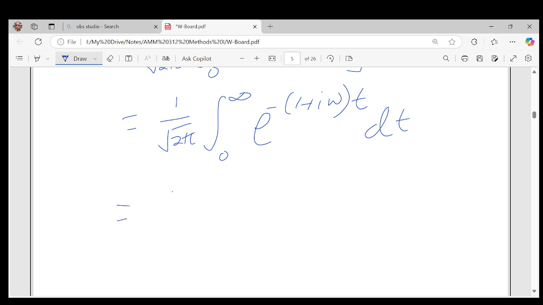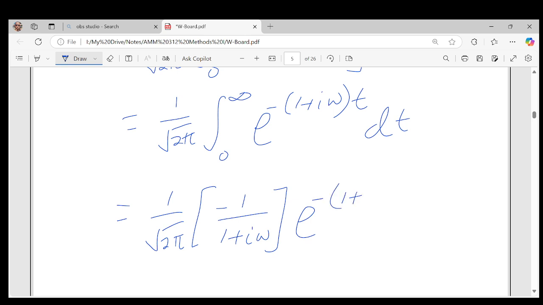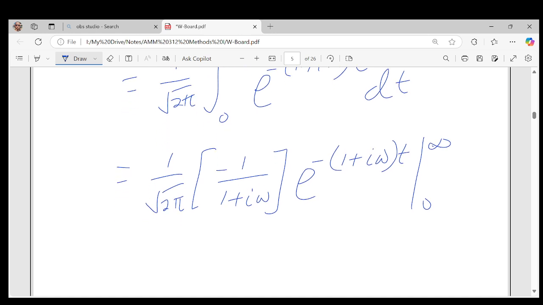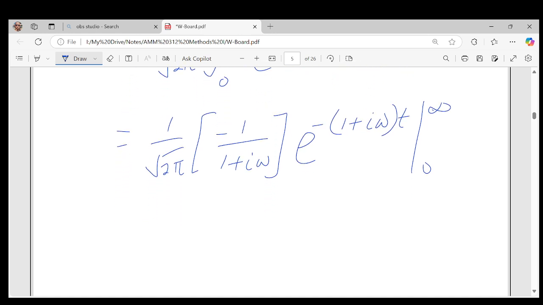Integrating this, we get minus 1 all over 1 plus I omega, then e raised to power negative (1 plus I omega) t, where t increases from 0 to infinity. So that when we put the limits, we get minus 1 all over 1 plus I omega.